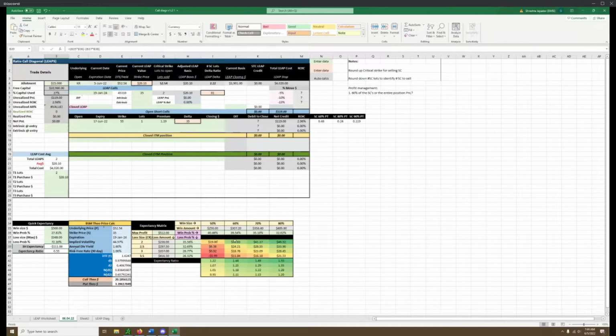So each of these cells is doing that. Let's say this cell is basically I-35. That's this one here. Win amount: if I manage it at 50% profit, what would be my max win amount? Multiplied by the win probability of this. So at 50%, I look at this.